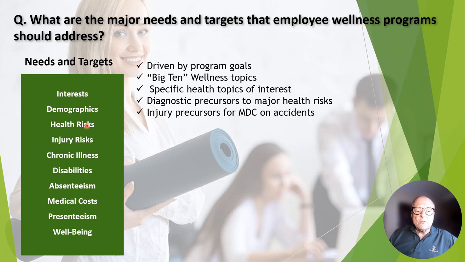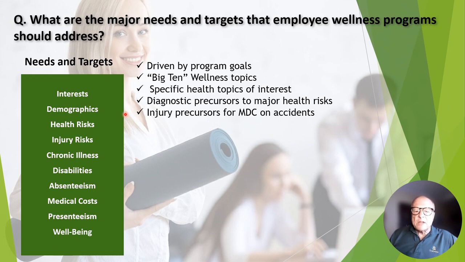We also, when we think about health risk and injury risk, have the injury precursors for major diagnostic category. That's an ICD, International Classification of Disease, 10th edition. We're now switching to the 11th edition, and that's a World Health Organization effort to bring clarity and accuracy to all diagnostic medicine that's provided.